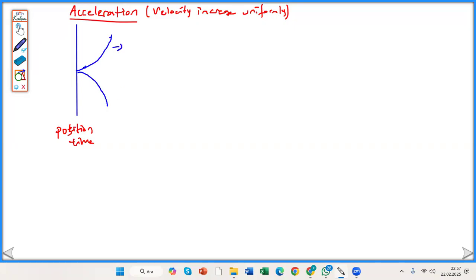The upper one is acceleration, and positive direction. This is once again acceleration.